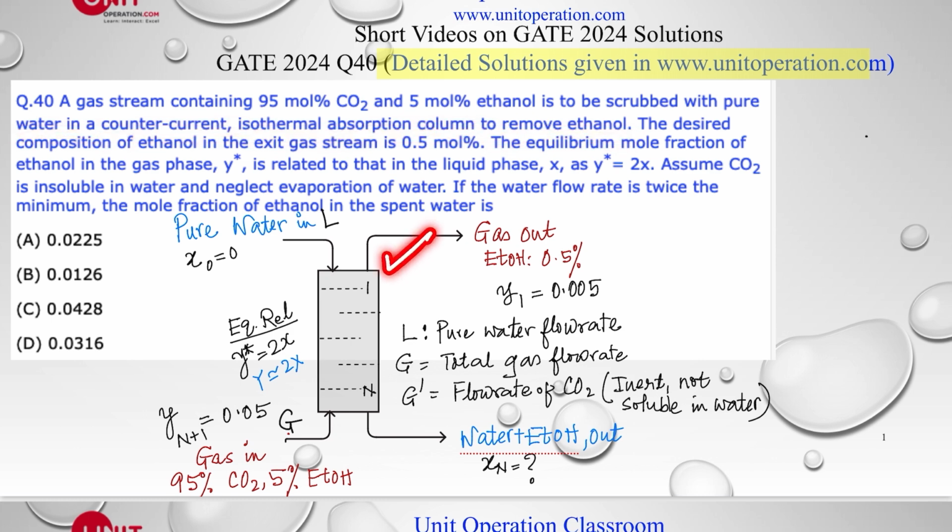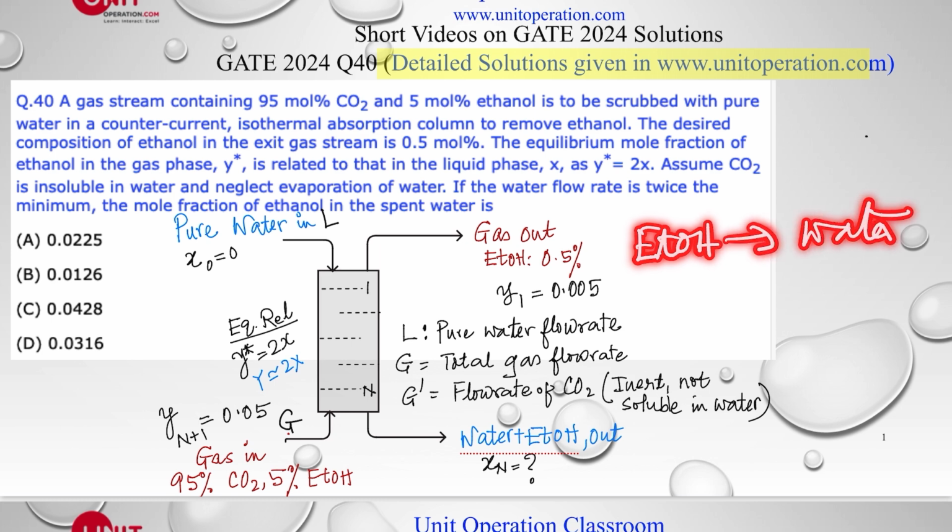So let's say this is my counter-current isothermal absorption column, and here the gas is entering, containing 95 mole percent carbon dioxide and 5 mole percent ethanol, and pure water is coming from the top, and ethanol is being absorbed in water, and of course carbon dioxide is insoluble.